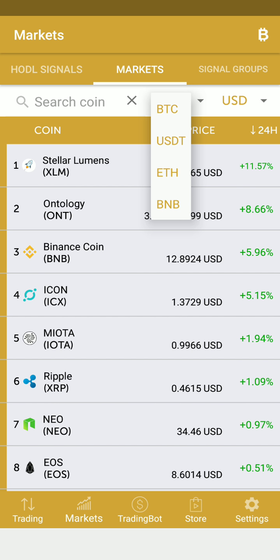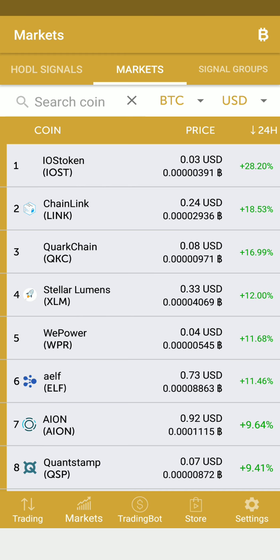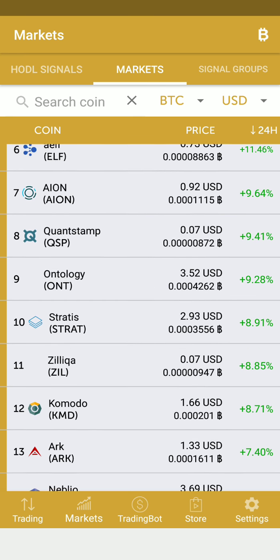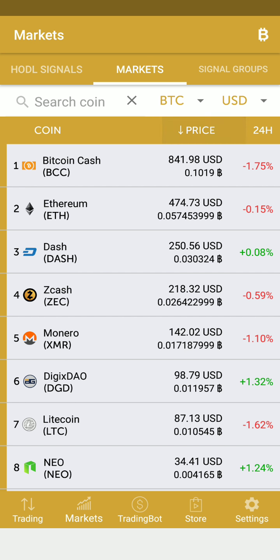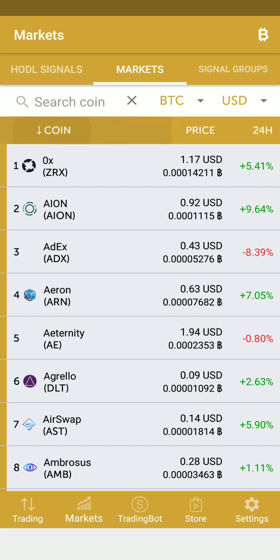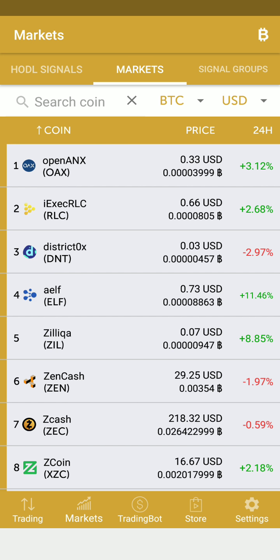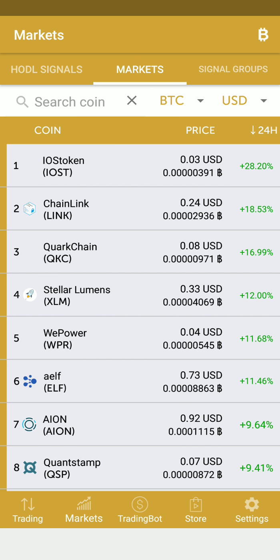Again, you can look at BTC pairs, USD, Ethereum, and Binance. You can click on the price and it will change to the price, coin names, or 24-hour volume.